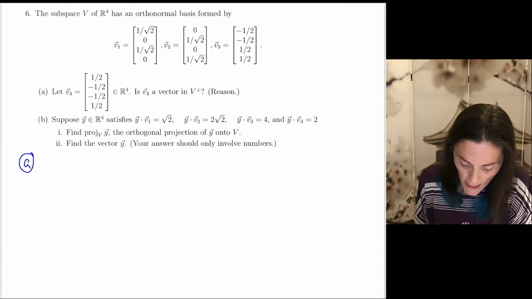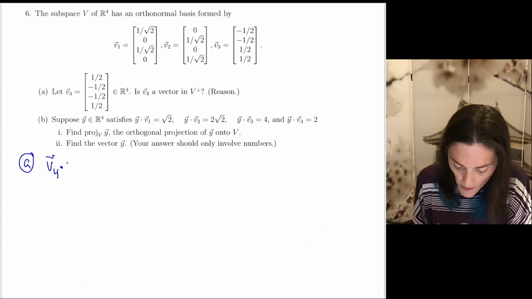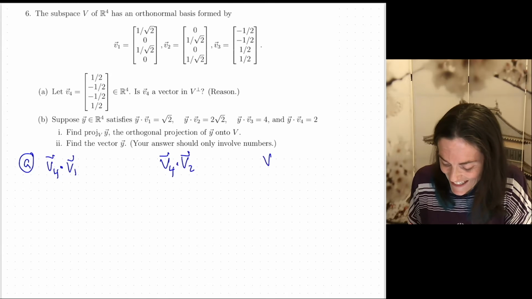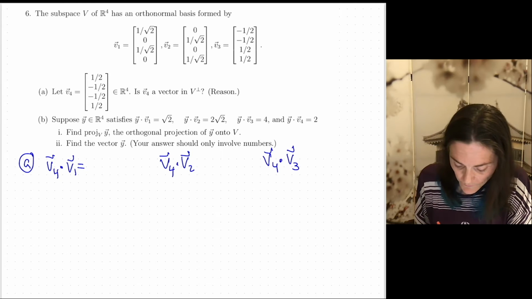Okay, so let's just check. We take V4 dotted with V1, and we need V4 dotted with V2, and we need V4 dotted with V3.